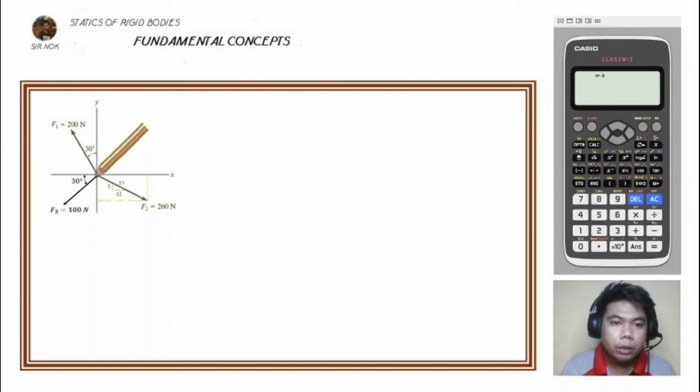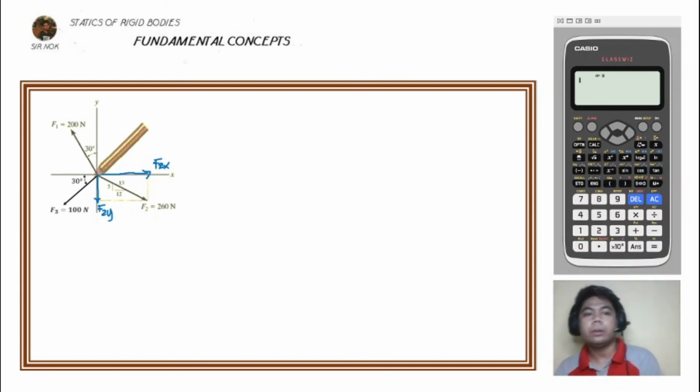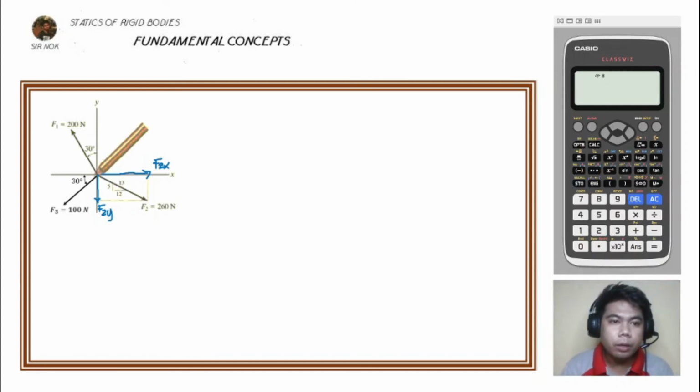The x component of F2 is along the positive x-axis, so let's call it F2x, and the y component is along the negative y-axis, so let's call it F2y.